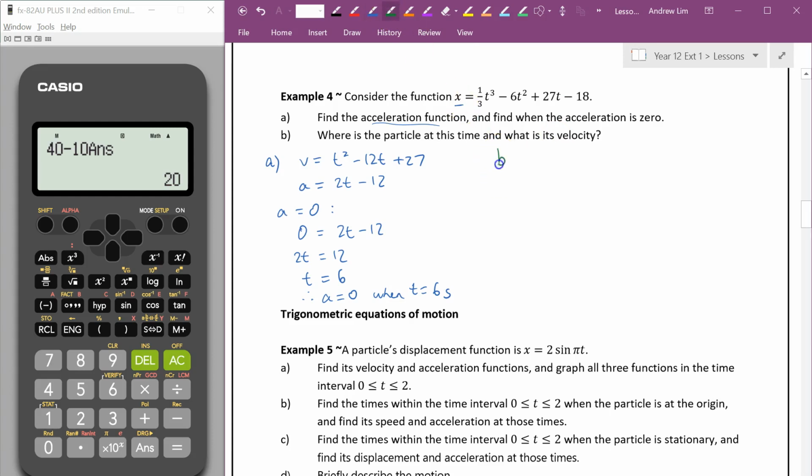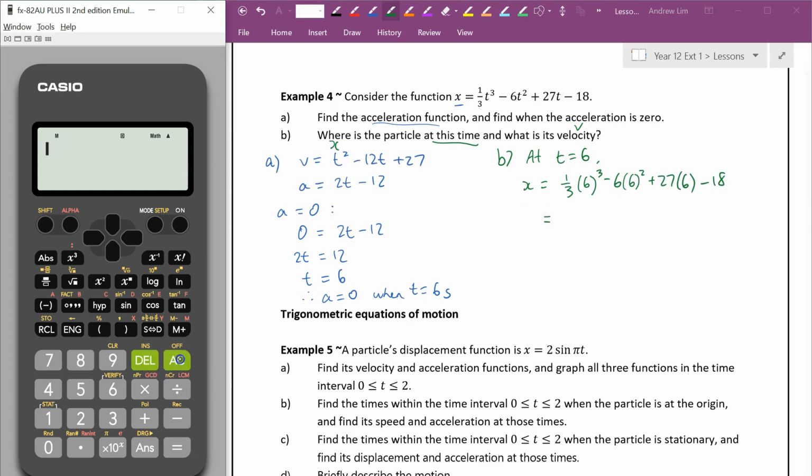And question B, where is the particle at this time and what is its velocity? So at t is equal to 6, okay, so at this time, t is equal to 6. So where is it? That's displacement. What is velocity? That's v. Okay, so x is equal to, just sub it in.